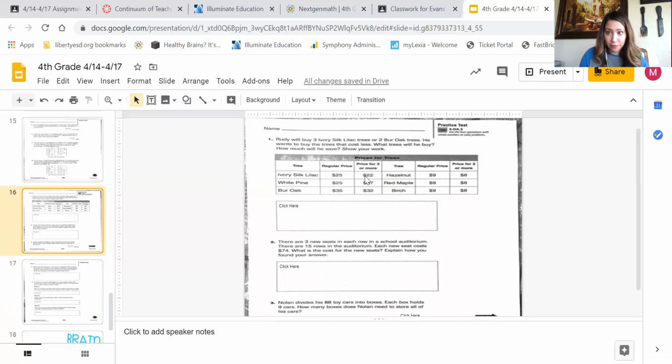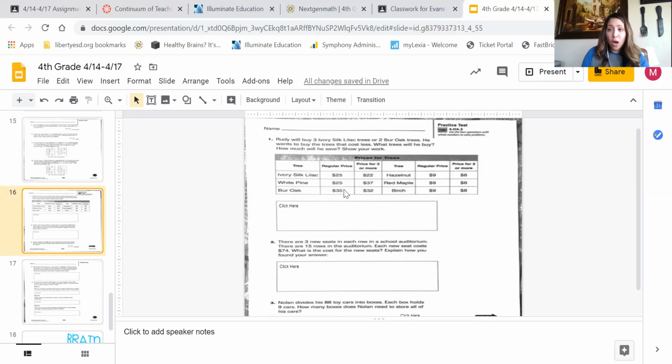Now, I also need to figure out the cost of 2 bur oak trees. So I need to find bur oak trees. Oh, okay. Bur oak trees are $35. He wants to buy 2. So I need to take 35 times 2. Okay. So that will give you the price for the bur oaks. Now you need to think, is 3 times 22 greater than or less than the 35 times 2?